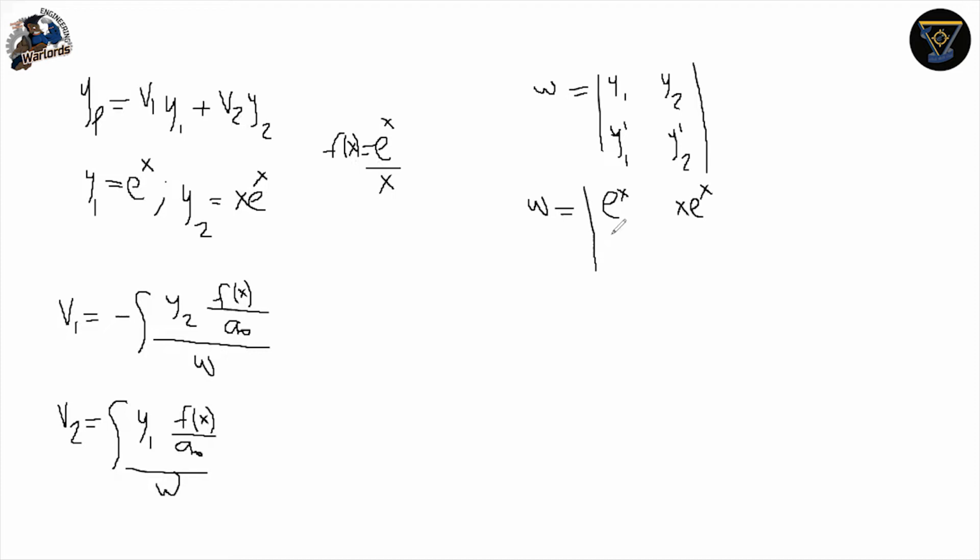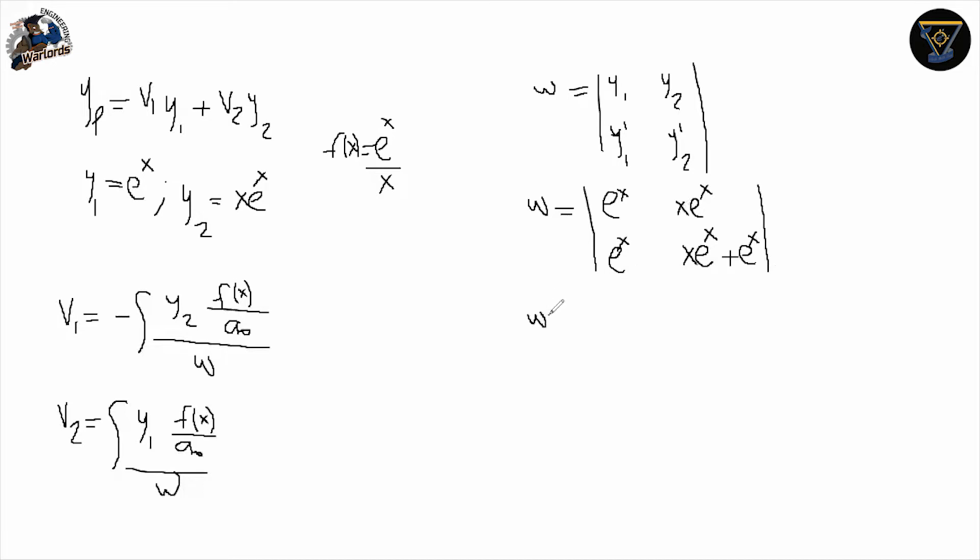When we differentiate y1, e to the x, we get back e to the x still. And when we differentiate y2 now, we're going to use the product rule. So when we differentiate this, you hold the first, differentiate the second, and then you say plus, hold the second, which is e to the x, and then you differentiate the first, which is 1, and that's it.